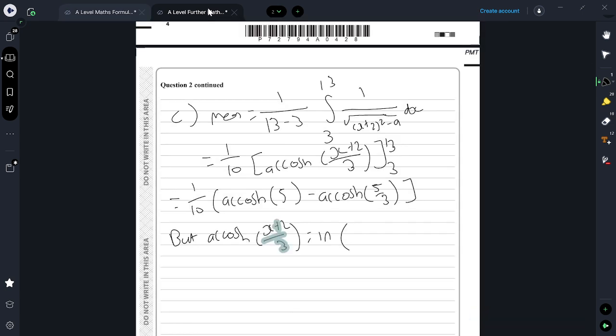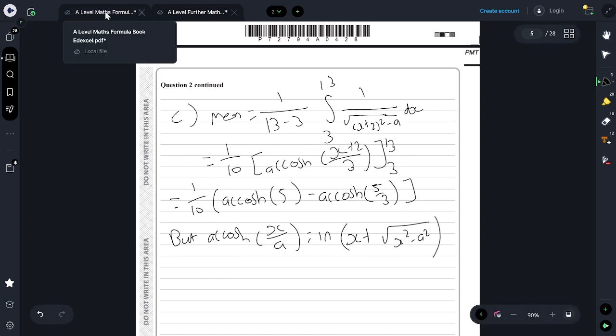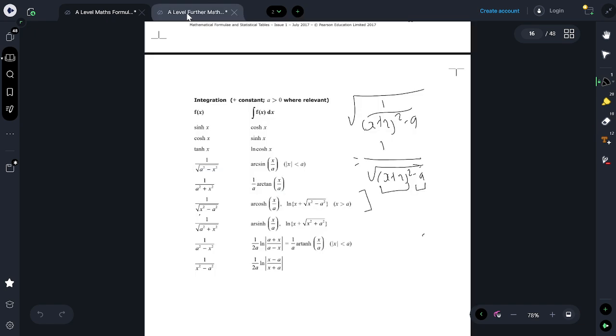No, sorry, we're not doing x plus 2, are we? Because we've got numbers here. So let's just do x over a is ln of x, what was it, plus root x squared minus a squared. Was that the answer? X plus root x squared minus a squared. Cool. Okay.